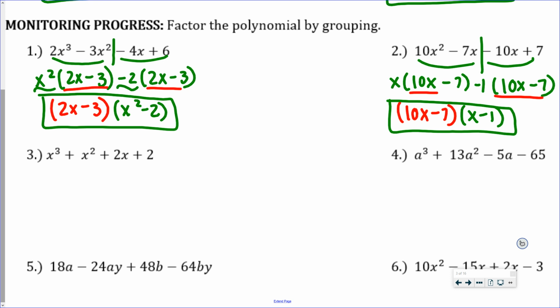Okay, this one is actually something you can factor out first. Did you do number 6? Okay, I'm going to start writing the answer for 3. You can check this one quick.